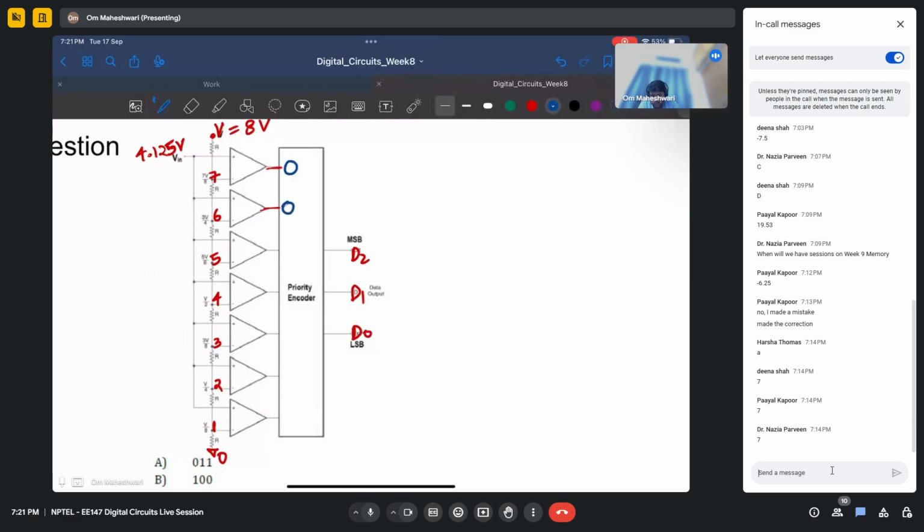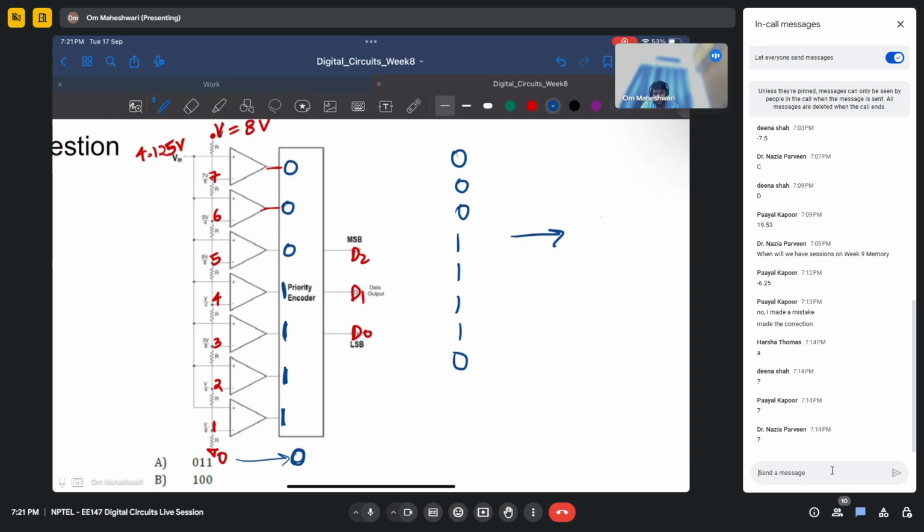This will also be 0. This will also be 0. Now this will be 1. This will be 1. This will be 1. This will be 1. All right. And this last bit we take as it's at 0. So your input to priority encoder is 0, 0, 0, 1, 1, 1, 1, 0.